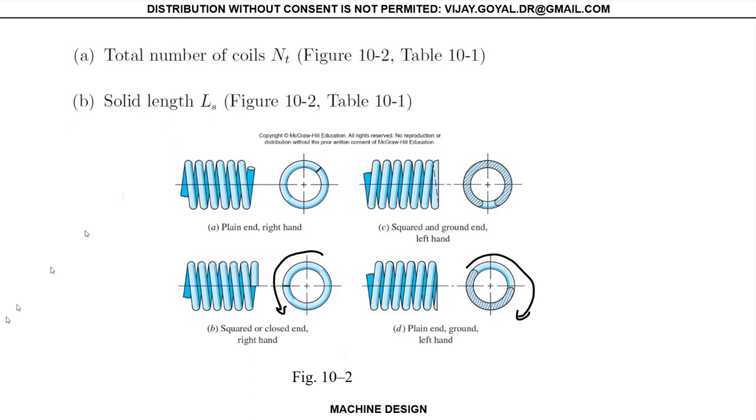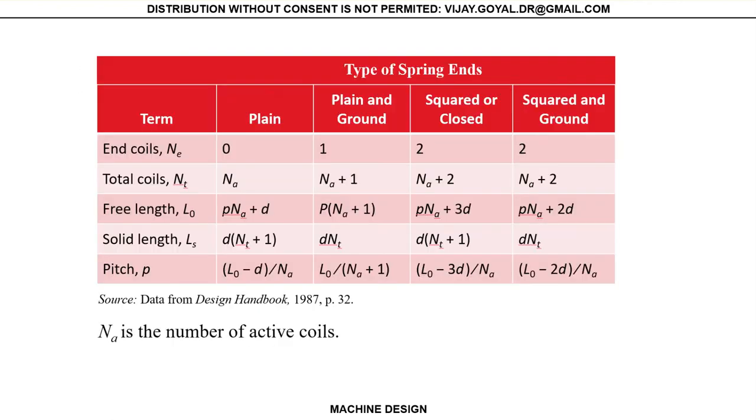And the solid lengths and everything that you're looking for, that's going to come from your next slide. Okay, so that's going to come from this slide over here. This chart here is going to tell you, depending on the type of ending of your coil, this is the very common one, the most conservative one. So nothing is given, just design it for this.